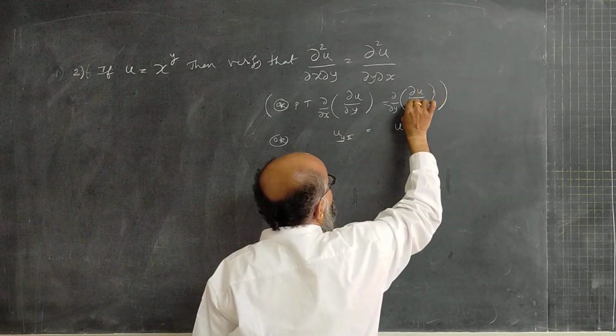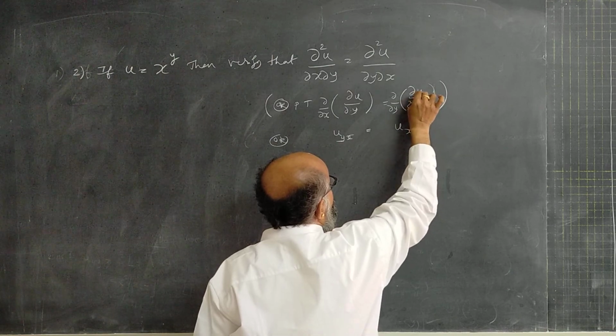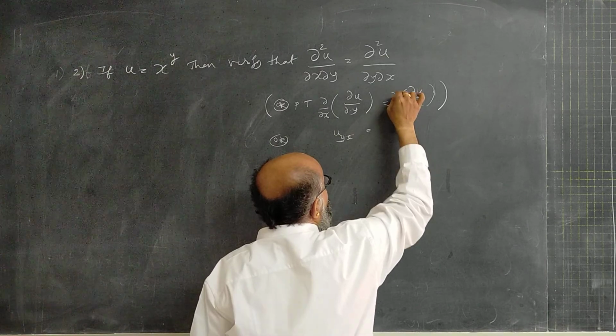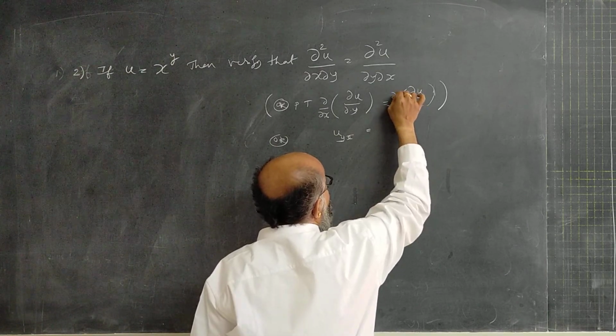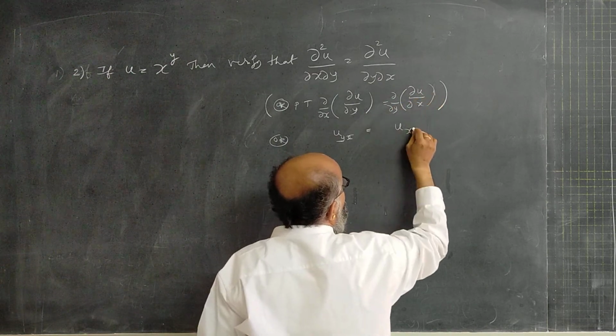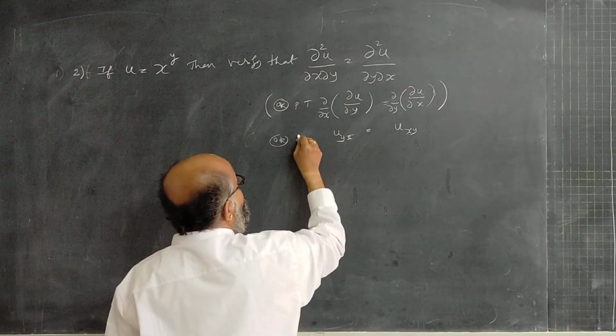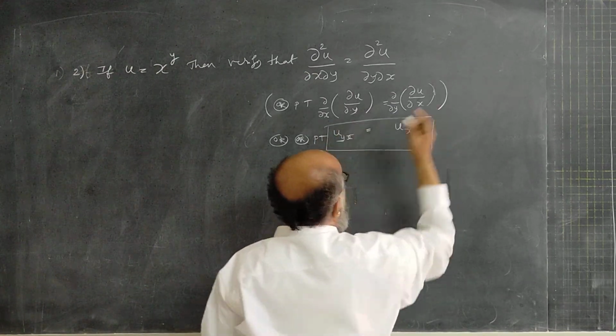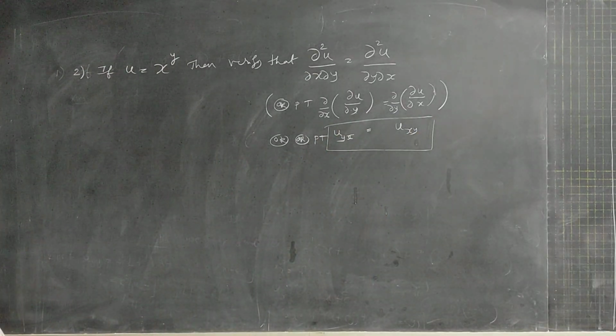You are differentiating ux again partially with respect to y, because ∂/∂y is there. Therefore, take ux and differentiate with respect to y. So what he is asking is, in this language, prove that uyx equals uxy.